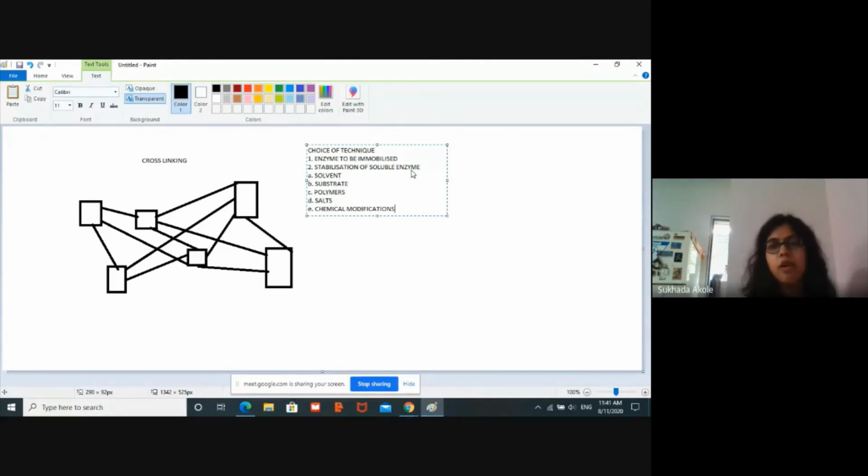These chemicals will modify the enzymes in such a way that they will become stable. Okay.